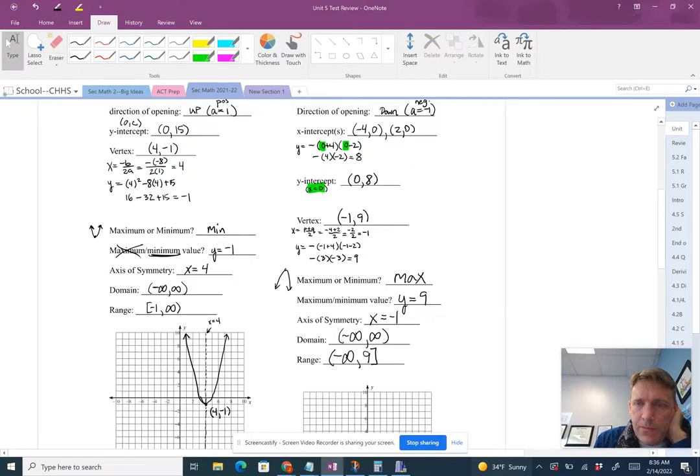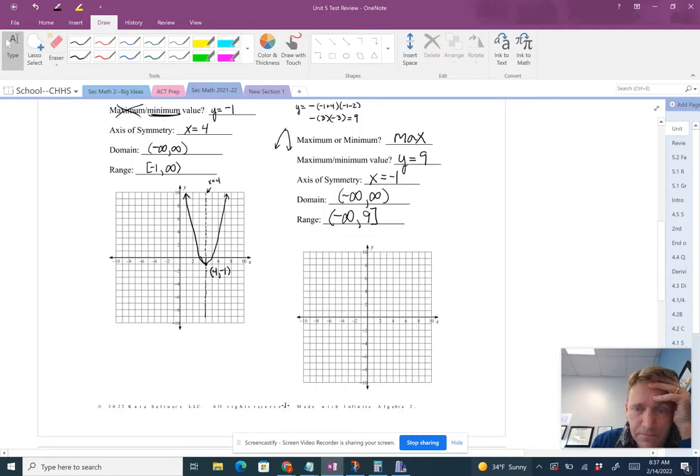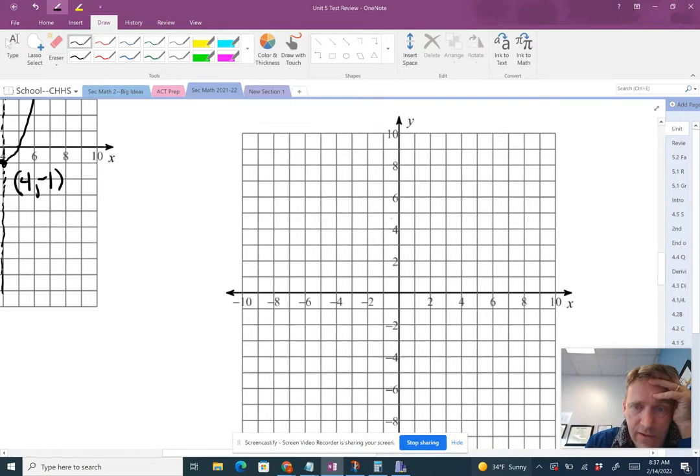Now we want to graph what we know so far. We've got (negative 1, 9), which is this point right up here. I'm going to label that (negative 1, 9). Our axis of symmetry is x equals negative 1.